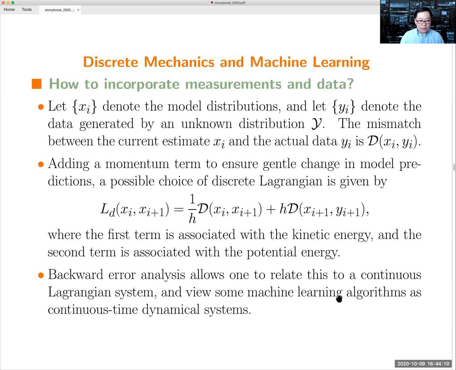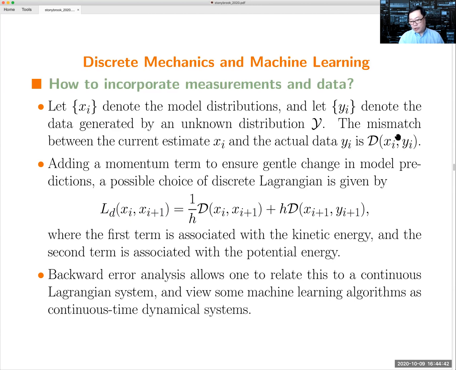One way to do this is from a mechanical perspective. If the xi's are the model distributions, which model your knowledge of the real world distribution you're trying to approximate, and the yi's are the data generated from this unknown real distribution, you can measure the mismatch by using the divergence function. You can think of that as a potential energy in the problem.